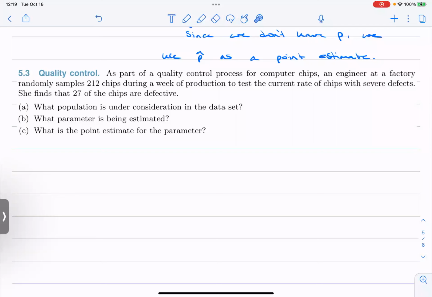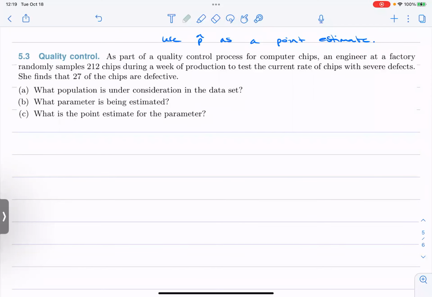And so we can only talk about the chips produced that week. So then the current rate of the defects, we're really focusing on just this week.